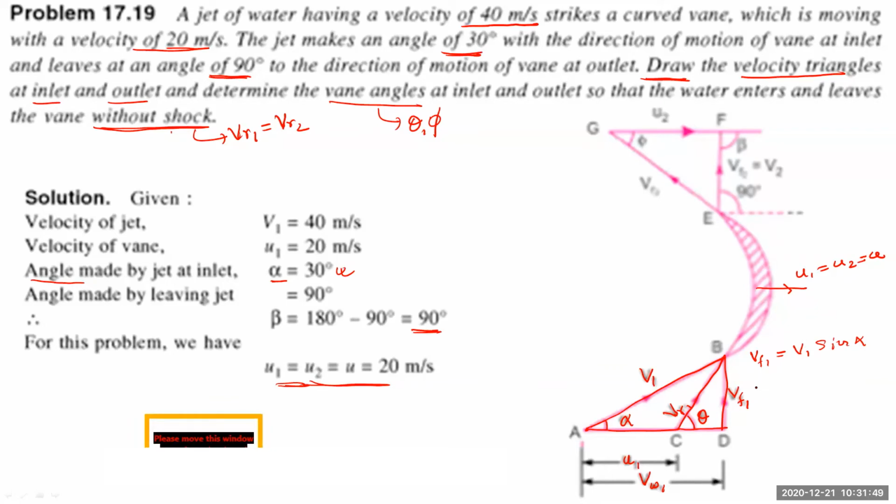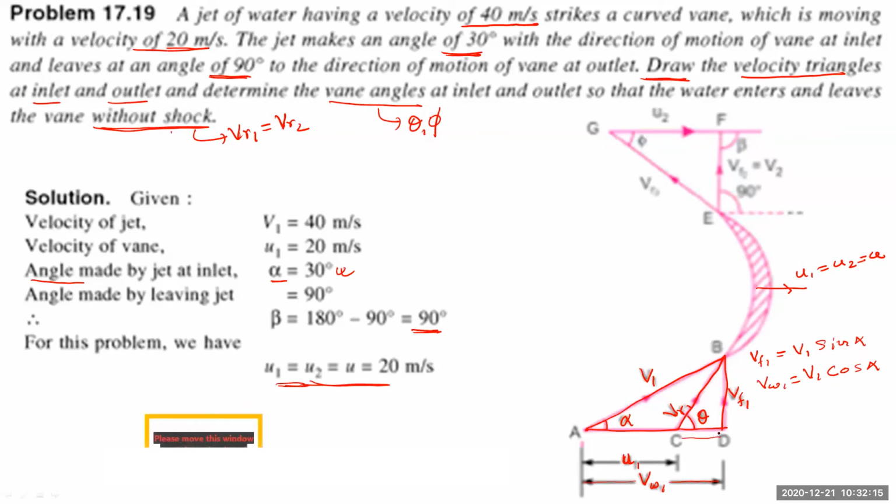Now next is your VW1. Since this is sine alpha, VW1 is the base. So when the base is coming, you have to write V1 cos alpha. So you now know VF1 and VW1, and U is already given in the question.